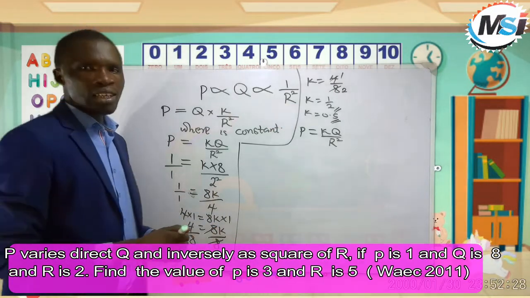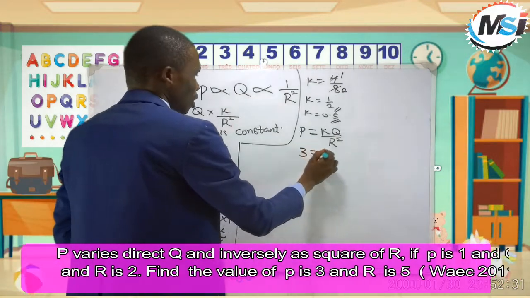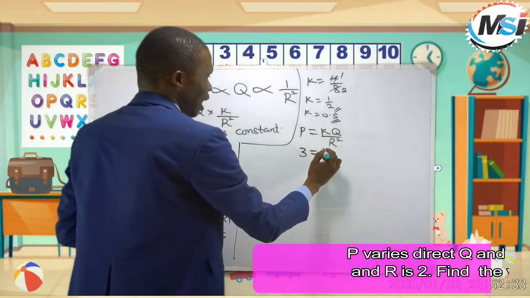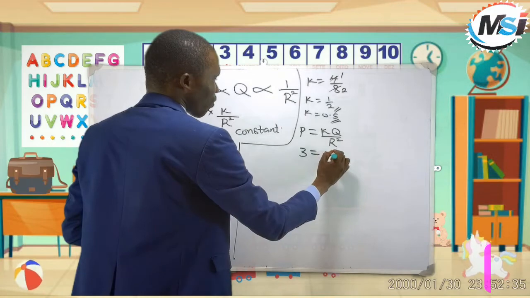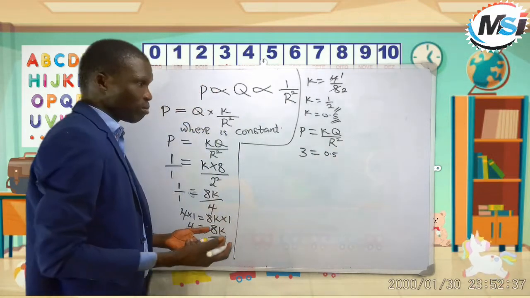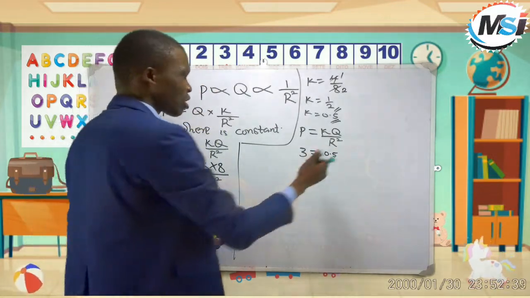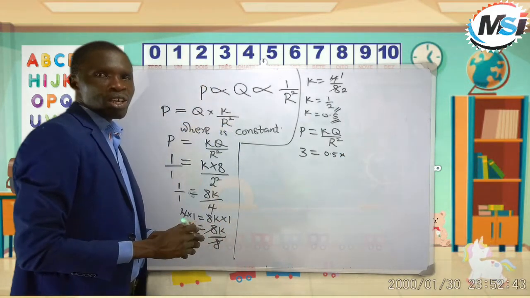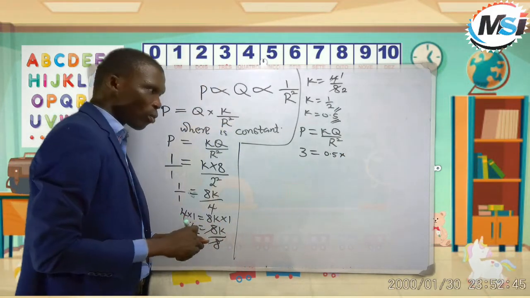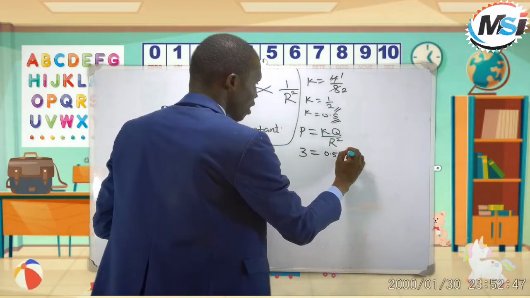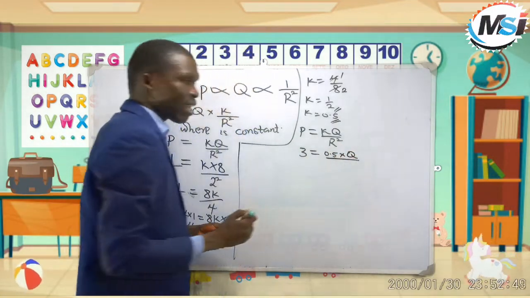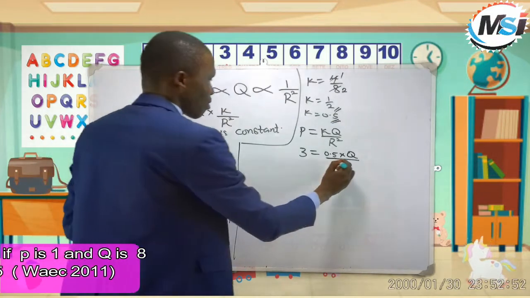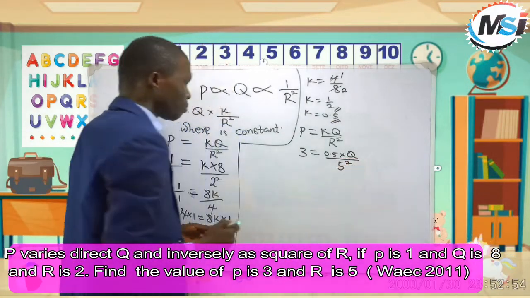So P is 3. K is 0.5, or you might decide to write 1 over 2, it is still the same, multiplied by Q. Q is what we are looking for. So multiply it by Q divided by R, which is 5 squared.